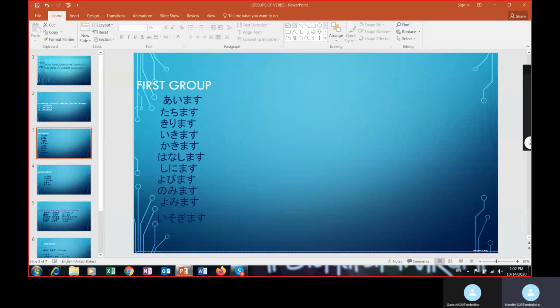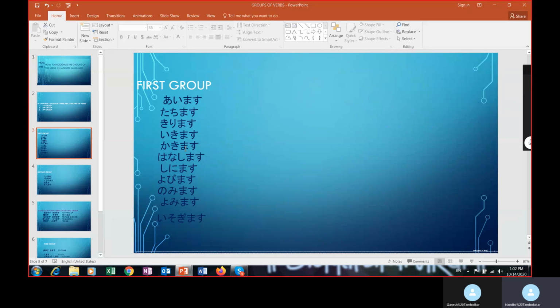You can notice here, whenever you remove masu from the verb, the remaining part is known as the stem of the masu form. This stem of the masu form ends with an i sound: ai, tachi, kiri.